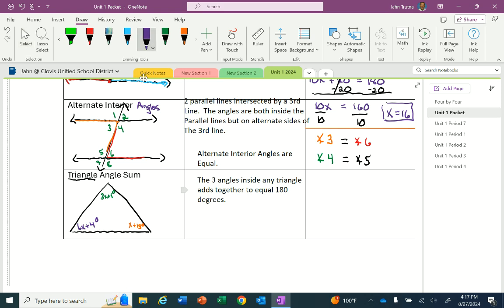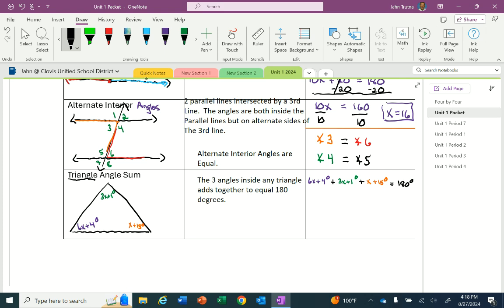What this relationship tells us is that the expression 6x plus 4 degrees, when I add it to the top angle, which is represented with 3x plus 1 degrees, and when I add those 2 angles to the third angle, which is represented by the expression x plus 15 degrees, those 3 angles are going to add together to equal 180 degrees.